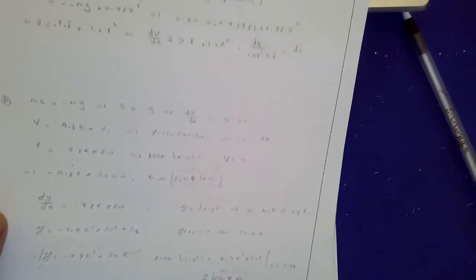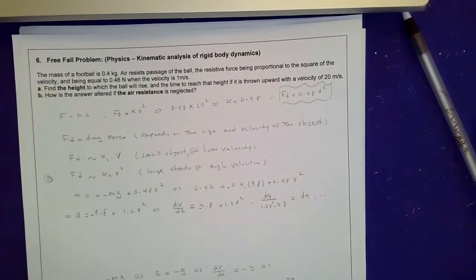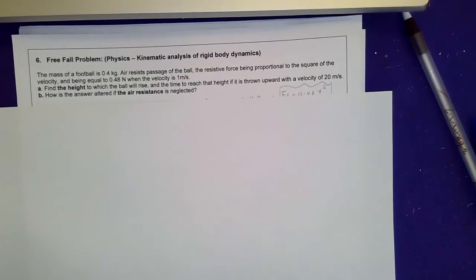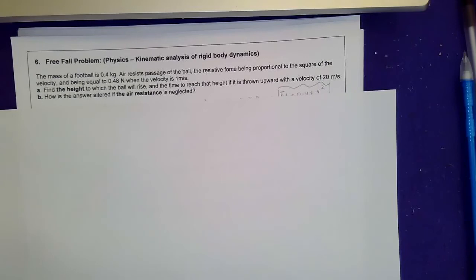The last example is about the free fall type of problem. Free fall problems are problems in which the only force acting on the object is gravity, and we're going to assume the mass is constant. There are 2 schools of thought on this one.